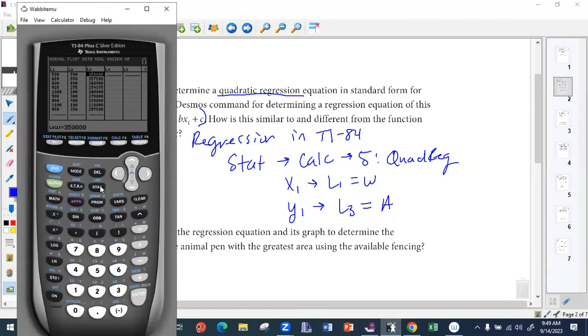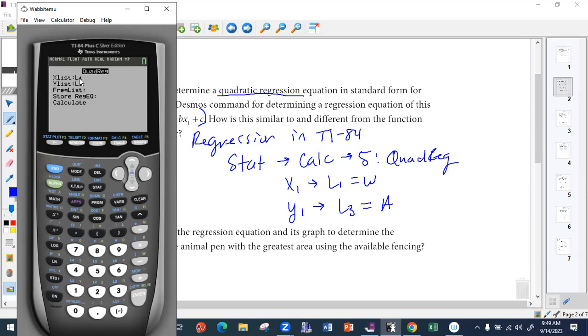So I'm going to stat, calc, and we want the quad regression. Our X list is our L1, but our Y list needs to be our what? So I'm just going to press second 3 and change it.